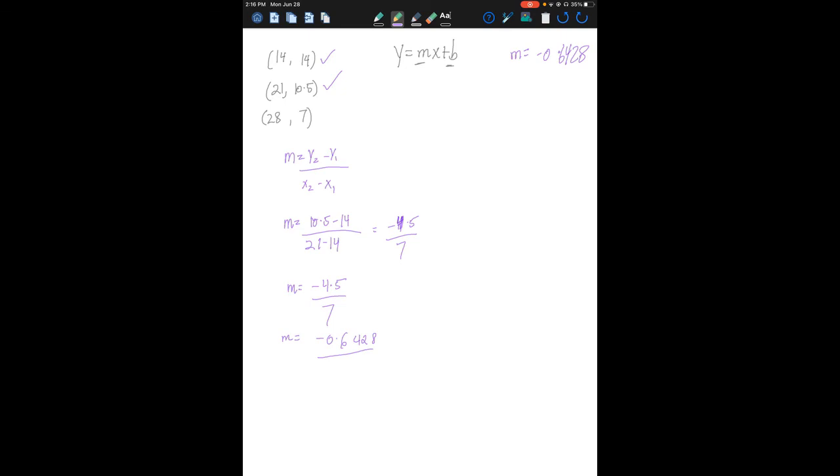So next, what can we do now? Now we know the slope and we have a coordinate. So we can plug in the y and the x value. We can plug in the m. We are left to solve for b, and then we have to change the x to 0, because remember, in the beginning I said that in order to find the y-intercept we have to change the x to 0. So let's put in negative 0.6428 x plus b. Let's use 14, 14 because it's easier for plugging in.